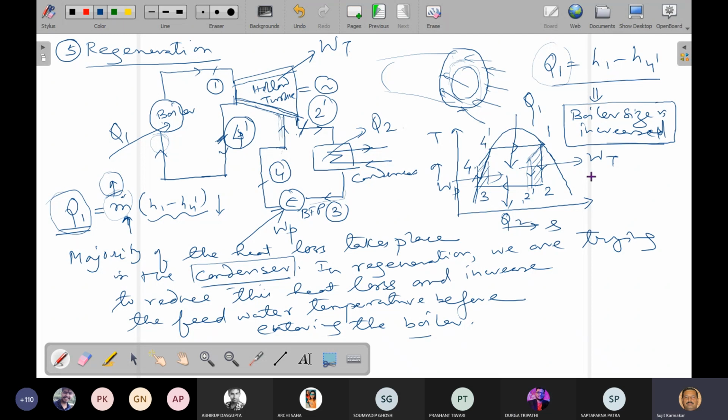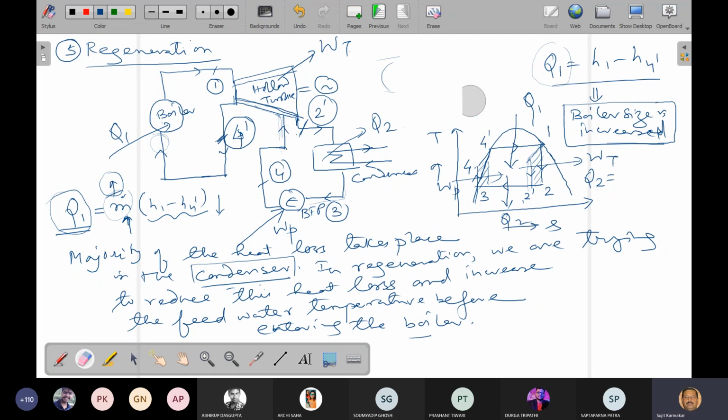Now here you tell me what is the Q2. How much is the condenser heat loss? Sir, it will be H2 minus... Why H2? Now the process is not 1 to 2, it is 1 to 2 dash. H2 dash, sir. H2 dash minus H3. So please note it down here.